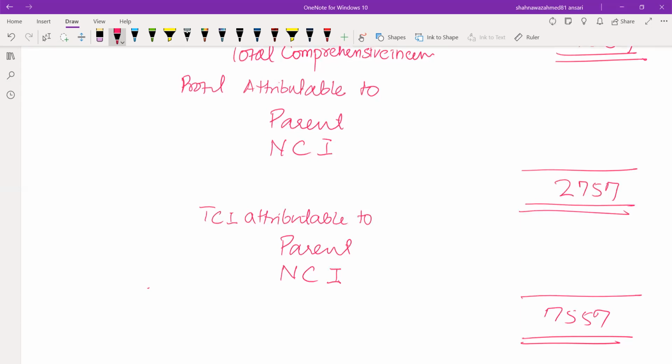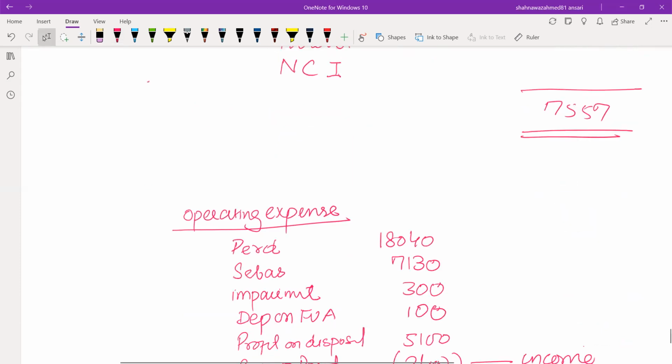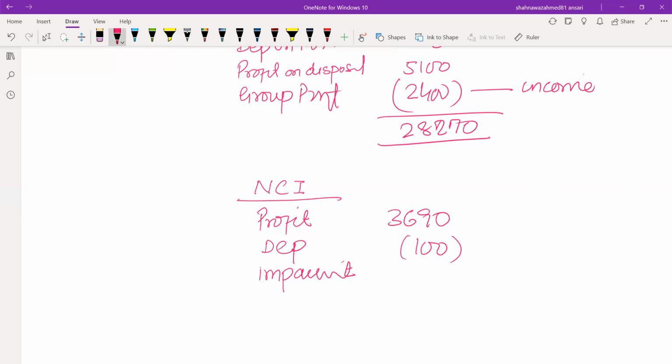Now let's find out NCI figure. So profit for the year of subsidiary is 3,690. Reduce depreciation 100, reduce impairment, profit is reduced by 300, profit on disposal adjustment, that is 5,100 minus 2,400.